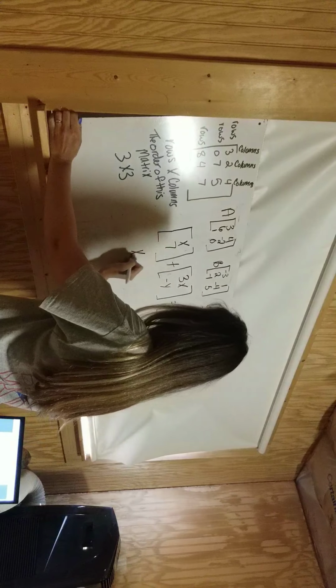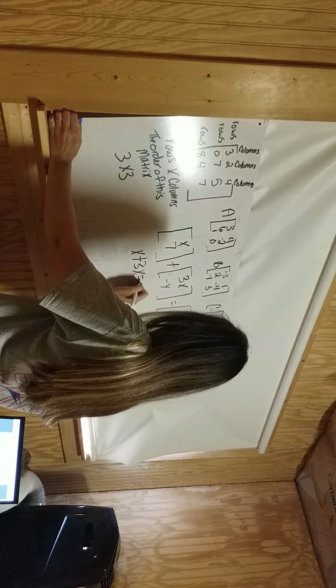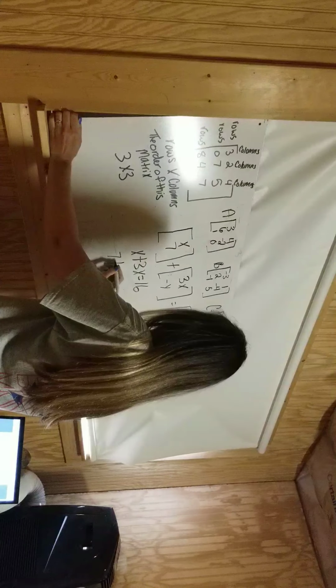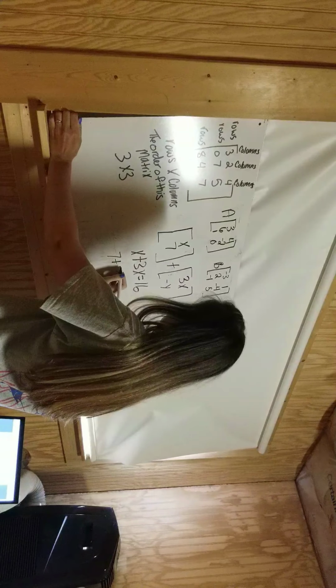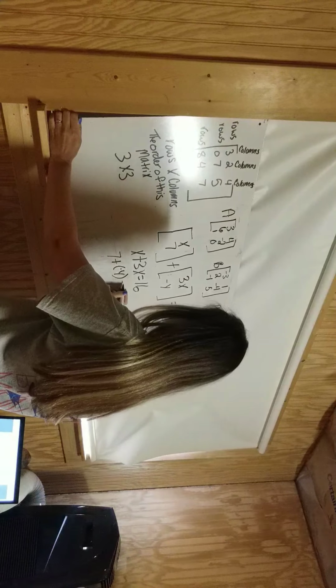Alright, so you'll have x plus 3x equals 16, and 7 plus a negative y equals 12.